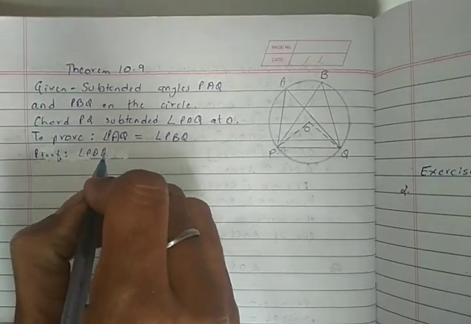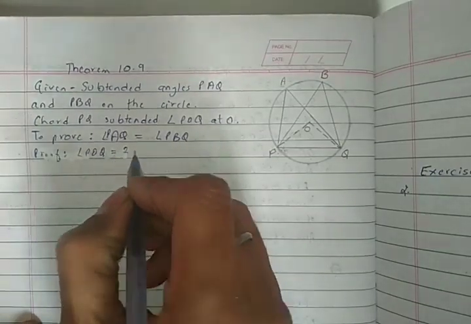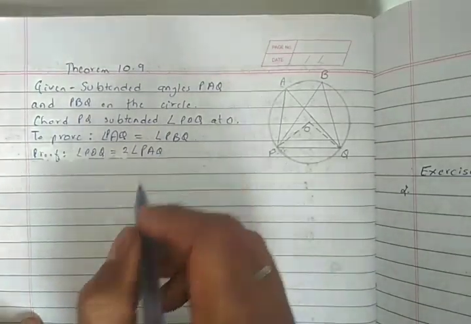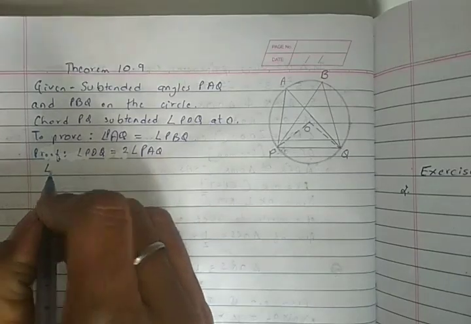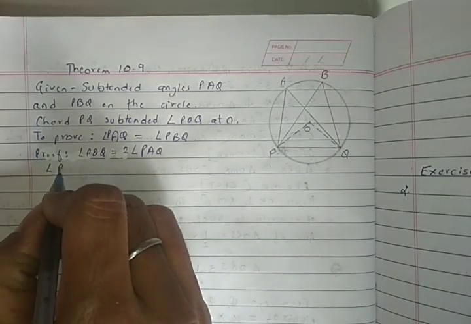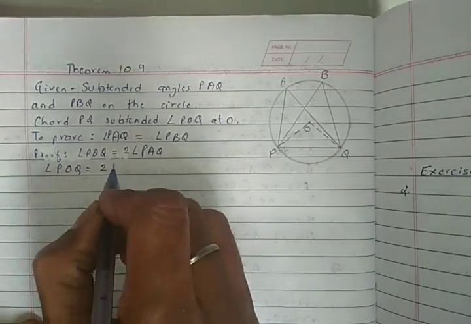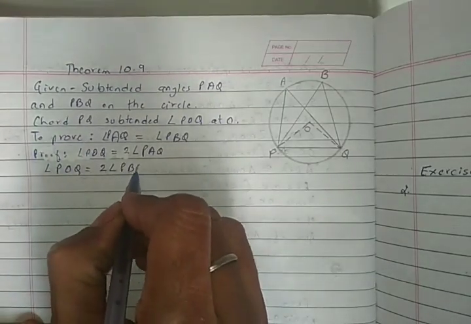Angle POQ is equal to 2 times of angle PAQ, and same way likewise angle POQ is equal to 2 times of angle PBQ.